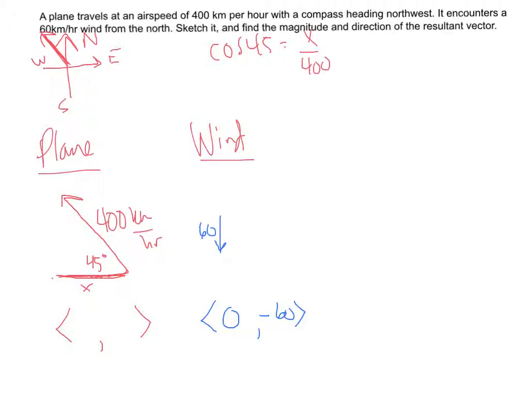Then I type into my calculator 400 times cosine of 45, and I get 282.8. And that's going to be negative because it's heading left, which we'll call negative. If it was heading to the right, it'd be positive, just like we're working on a coordinate plane.